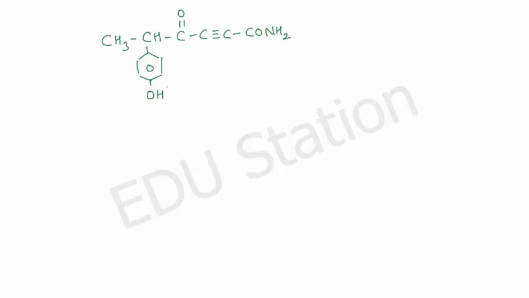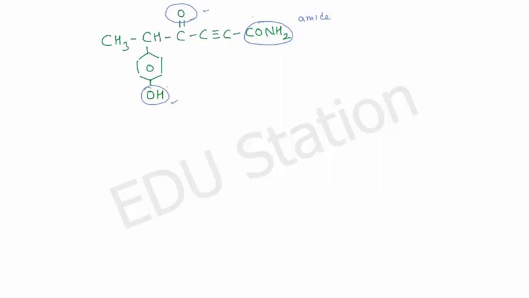Now let's first identify all the functional groups. CONH2 is an acid derivative, amide. C double bond O is keto and OH is alcohol. Amide, keto, alcohol: amide is most preferred.